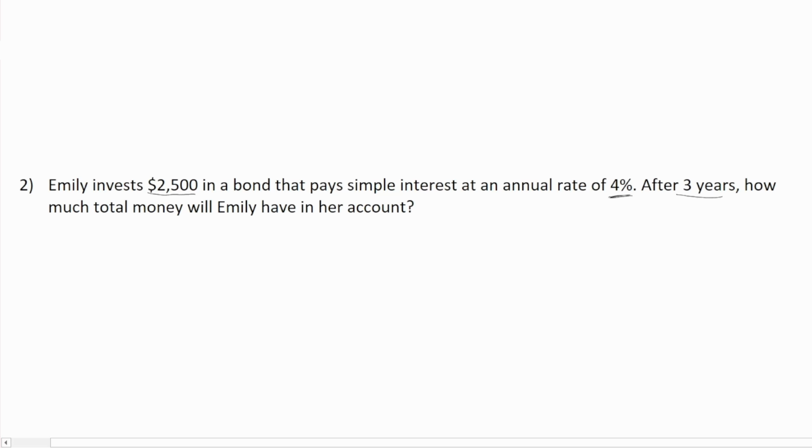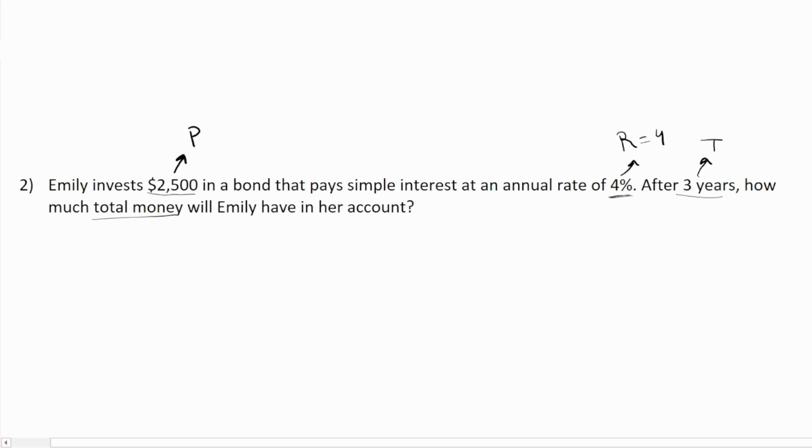So again, this right here is the original amount. This is P. Sorry, why did I write R? This right here is R. R is equal to 4. And 3 years, this is T. So the question is asking for the total money that Emily will have.